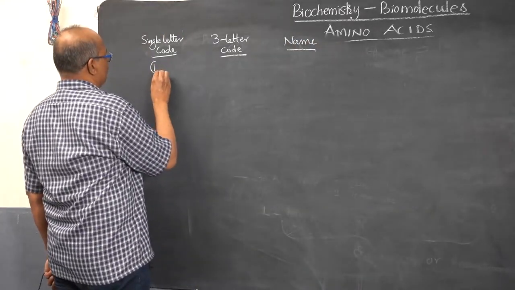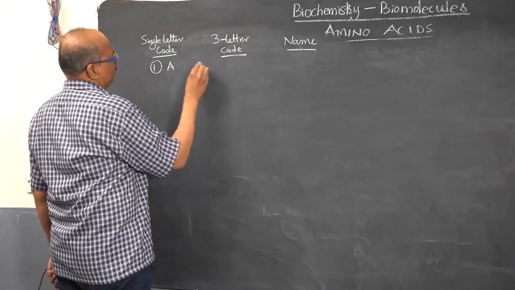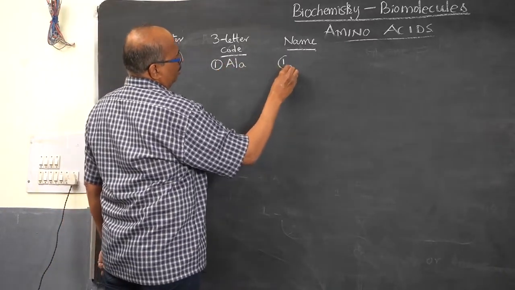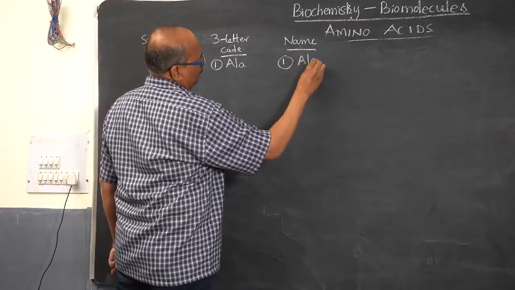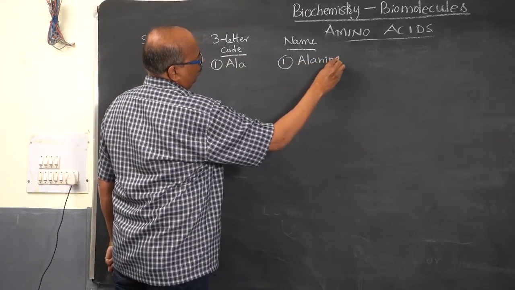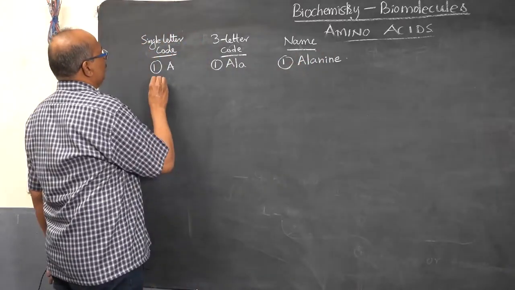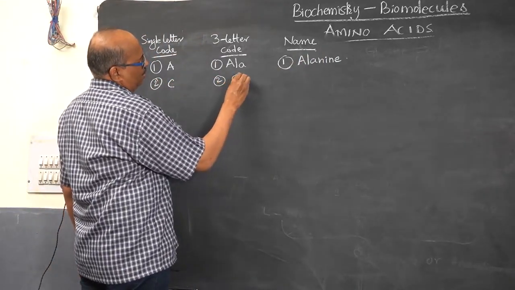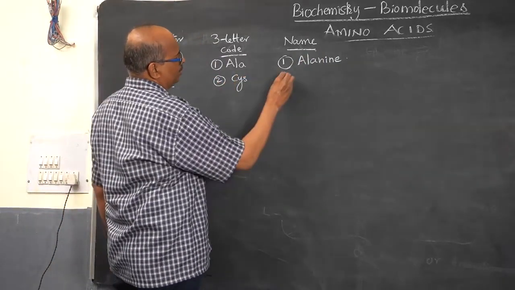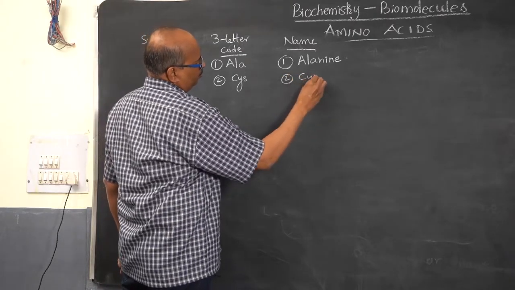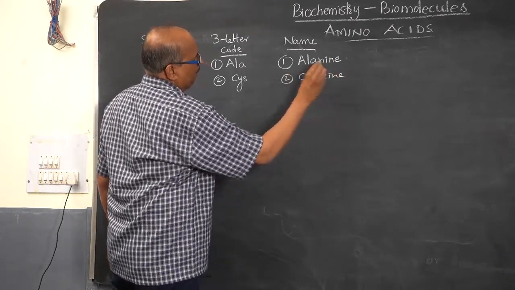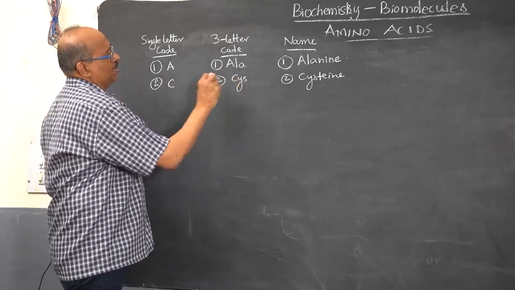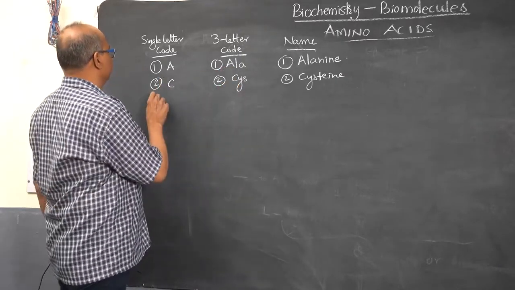So first one, we'll start with A. 3-letter code is ALA, and the amino acid is alanine. If you take the second one, C, amino acid is cysteine. So there is no problem in both the cases because the first letter indicates the amino acid name.